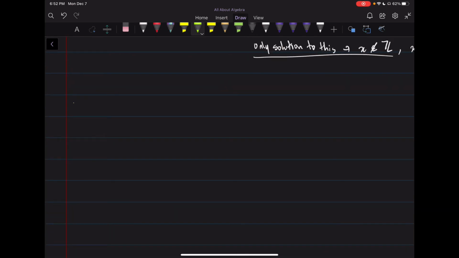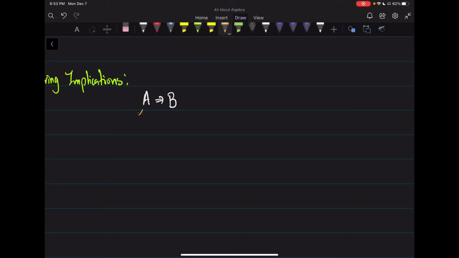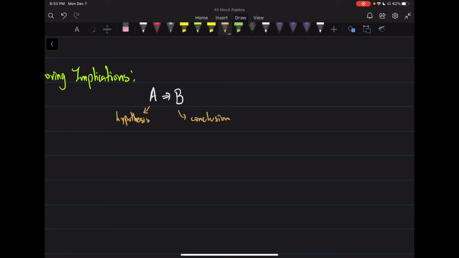Now, we can move on to proving implications. So again, if you remember, A implies B, right? This is our notation. And let's say we remembered that this was our hypothesis and this was our conclusion. So A is our hypothesis, B is our conclusion. Now, think of a science experiment.